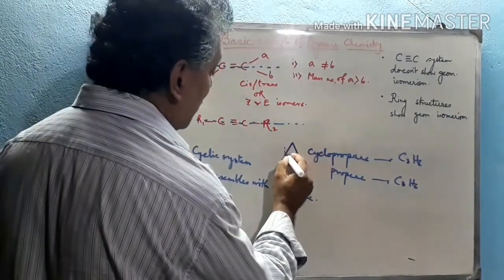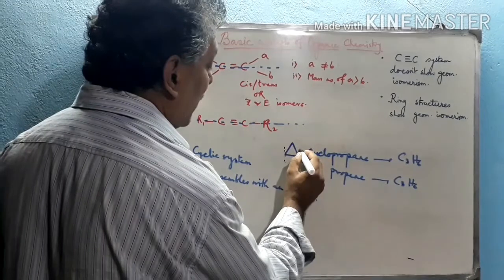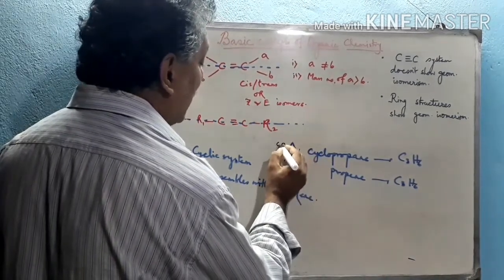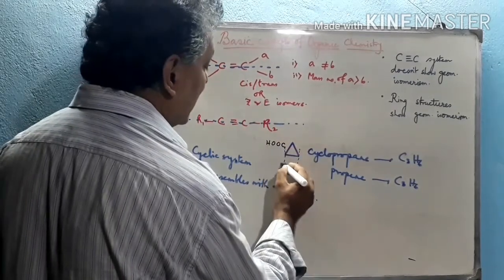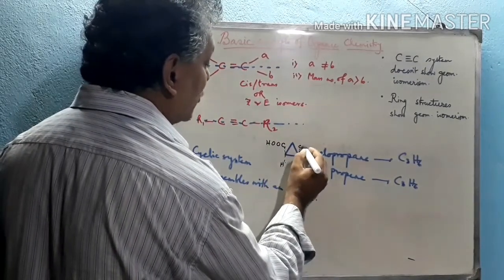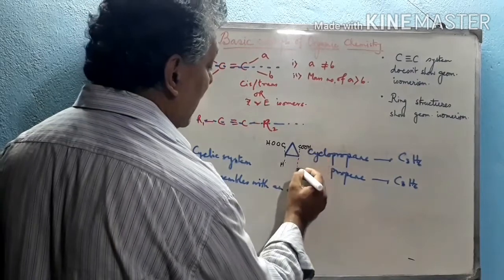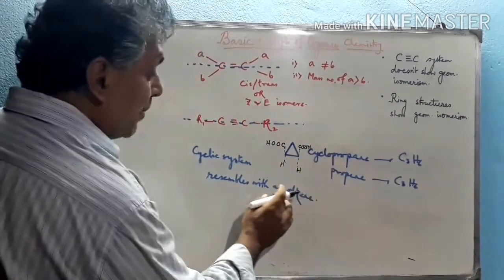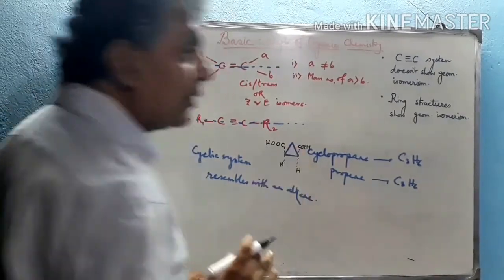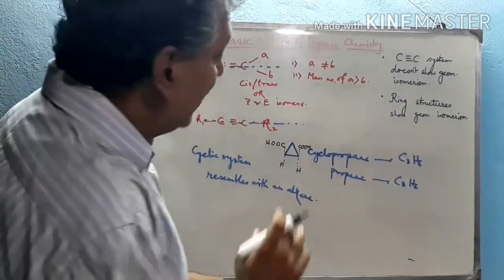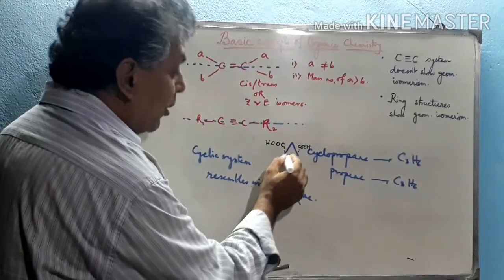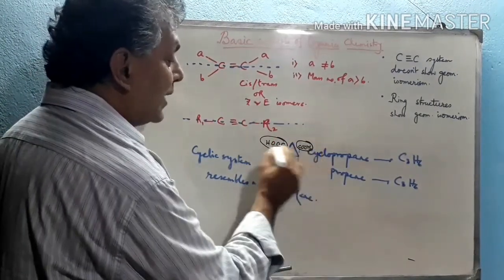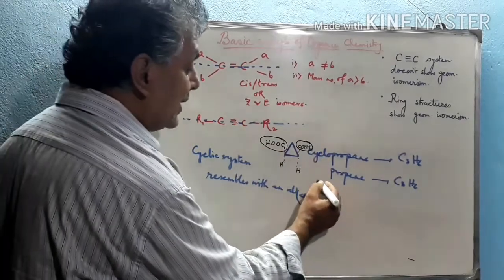Suppose this is the single bonded part, and this carbon is attached to COOH and H, and this carbon is also attached to COOH and H. If these two groups are on the same side, as this resembles an alkene, it forms a double bond type system. It is also a rigid system. With respect to the ring, if the COOH groups are on the same side, then we can say this is a cis isomer.